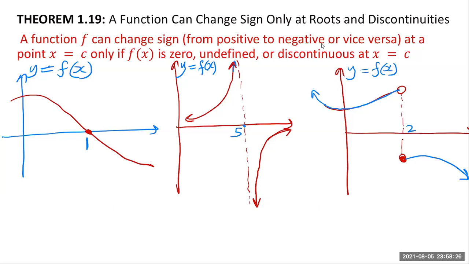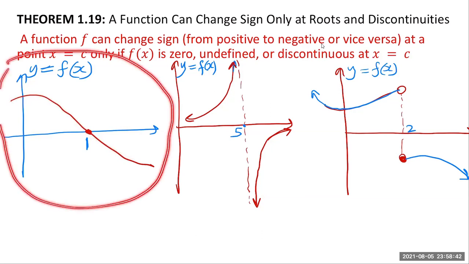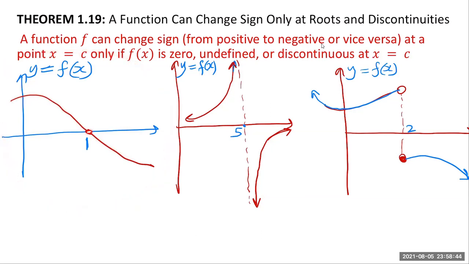The first situation that you can have a sign change is that you have a 0 of your function. 0 of your function means at that point, at that x value, your y value is 0. As you can see from the graph of f of x here, here is the first example we are going to look at. At x is equal to 1, your f of x is 0, right? So that means 1 is the 0 of f of x.